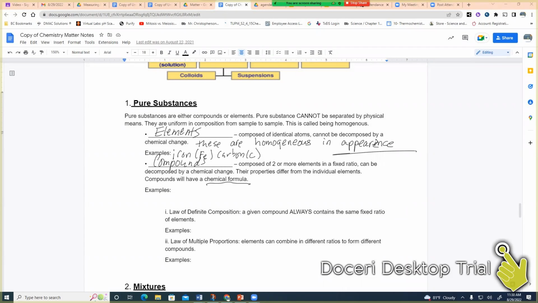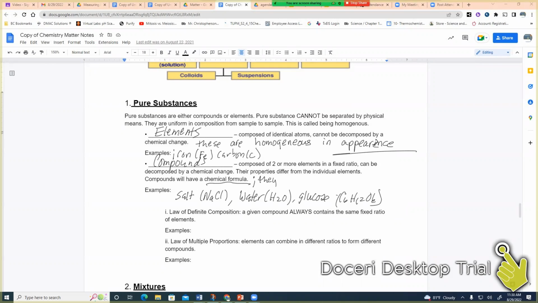So salt, which is sodium chloride. Water, which is H2O. Those are all compounds. Good old glucose, C6H12O6. That's a compound.